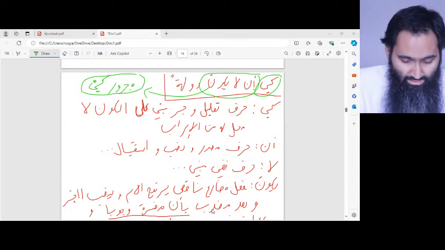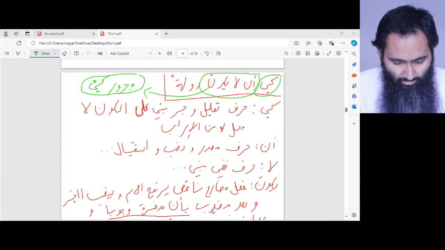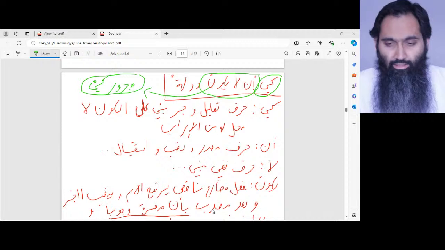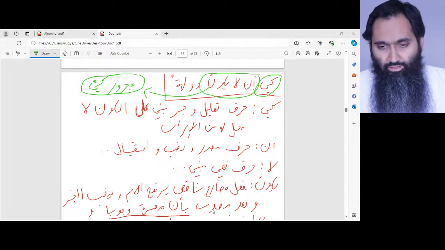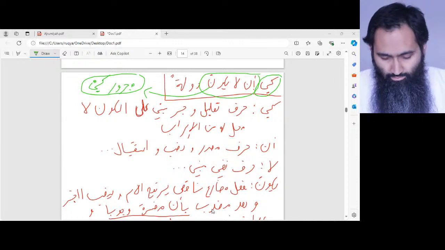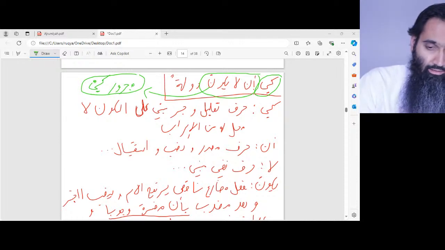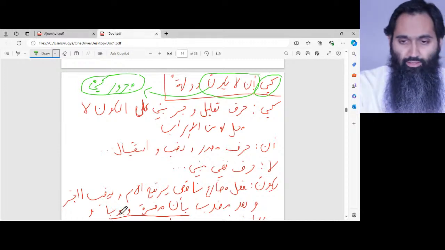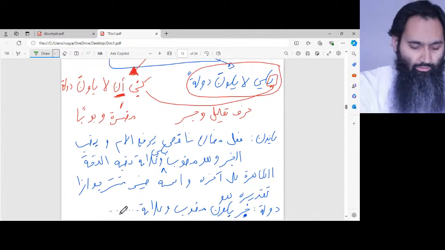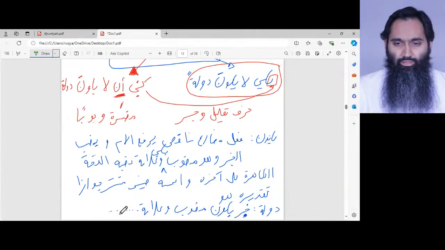We don't have to mention the lam is muqaddara. Yes, yani you can say that. So yeah, I think what you are saying is here, and going back up here, you're talking about this i'rab where we assume there is a lam.